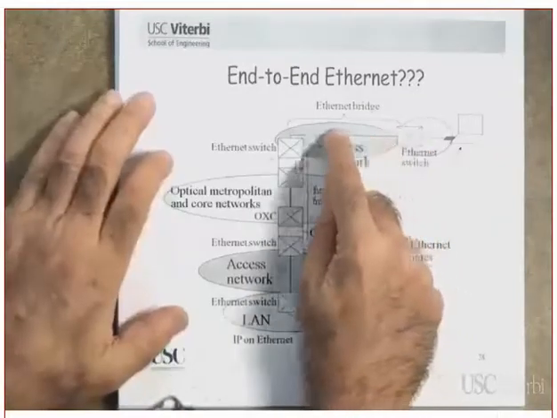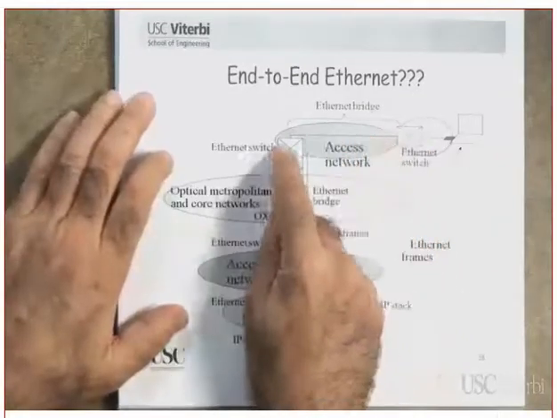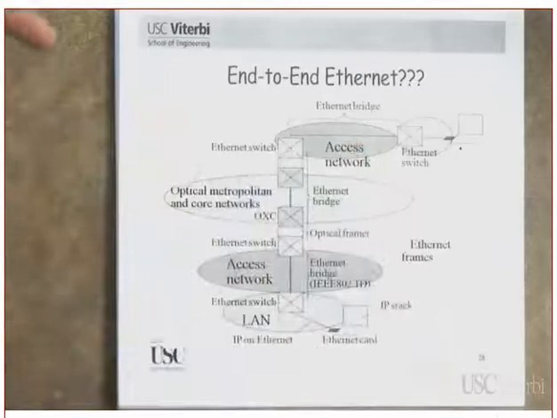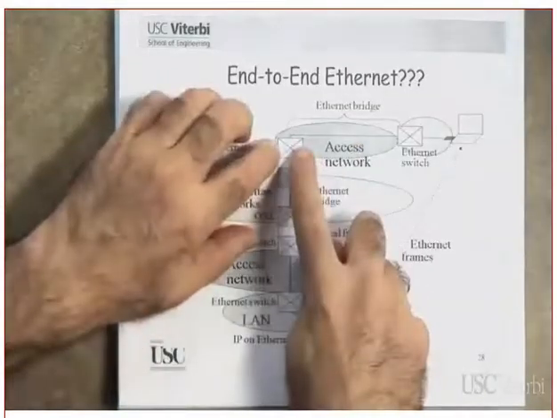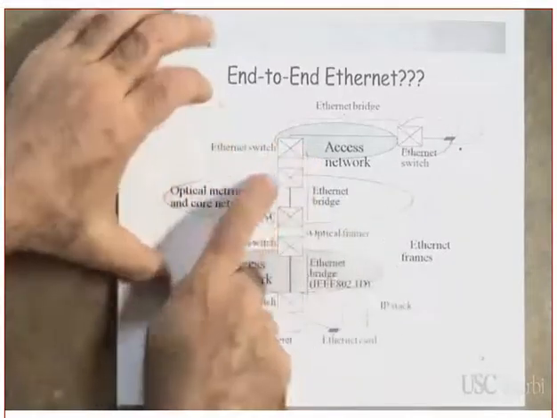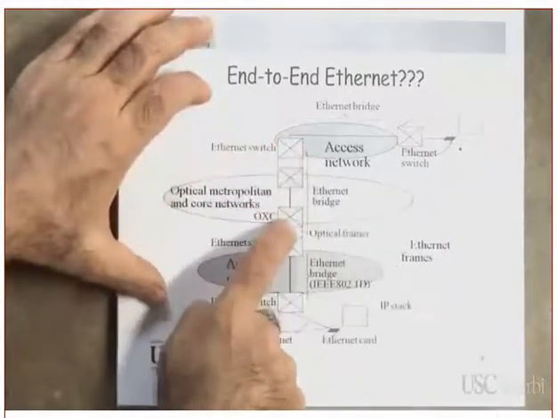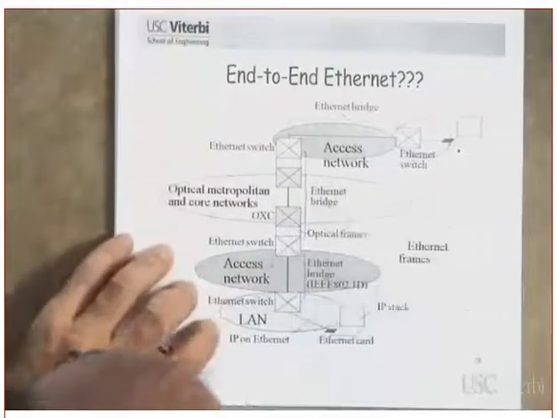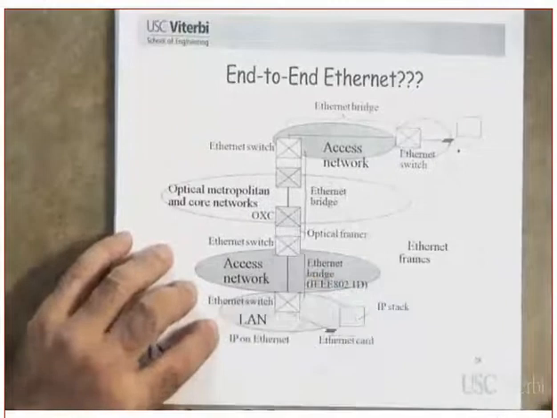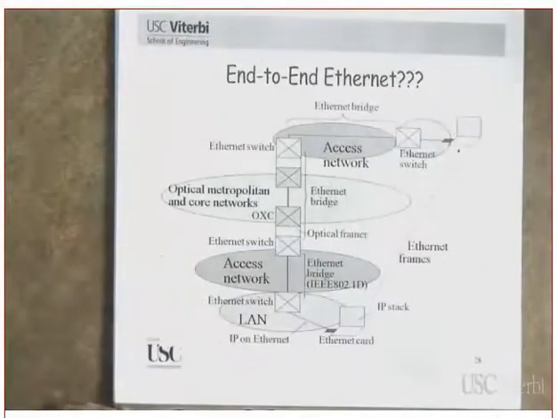When it goes through the ADSL network and comes in here, this one will recover the Ethernet frame. He will take the Ethernet frame and change it into optical. This is what we refer to as an optical framer. You are going to be generating an optical frame.